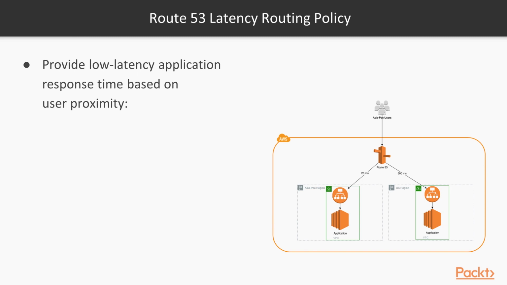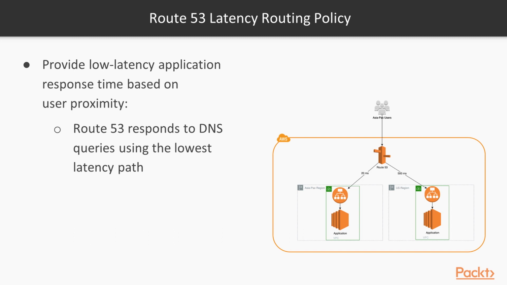And you'll see that for that region, the response time is 20 milliseconds. If we routed them to the US region, it would be 500 milliseconds. So what you do is you define a latency routing policy where Route 53 responds to DNS queries using the lowest latency path. So Route 53 figures out that this is an Asia Pac user, routes them to the Asia Pac region, not to the US region.